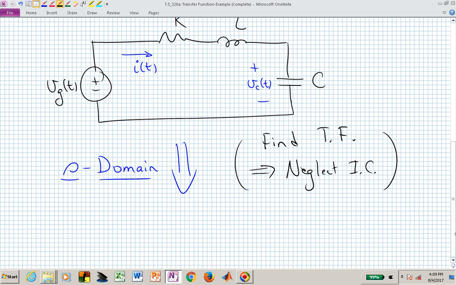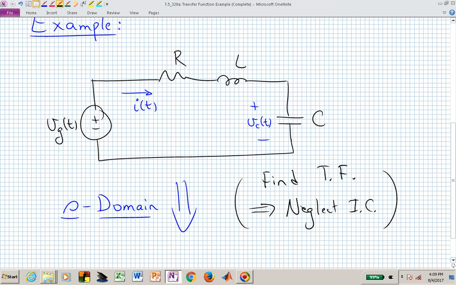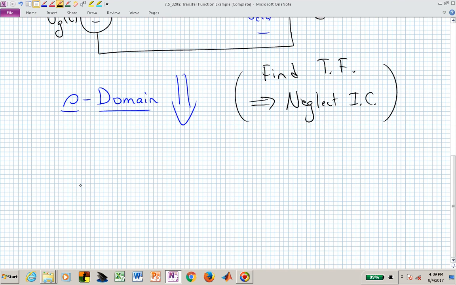If we now put this circuit into the S domain, we simply replace the R's, the L's, and the C's with their respective impedances. V sub G we'll leave as just an unknown, independent voltage, which will be capital V sub G of S in the S-domain circuit. So we have our source, V sub G of S, with polarity in the same direction that we started with in our time domain circuit.